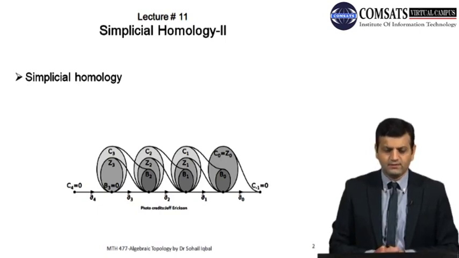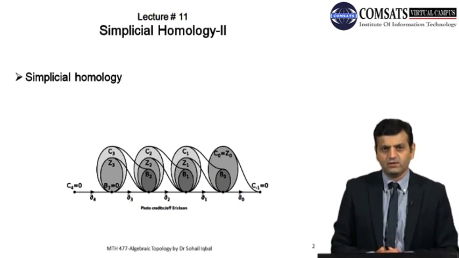As I said earlier, our aim is to associate topological spaces with algebraic structures, and in that direction we have already done the fundamental group. But for higher dimensions the fundamental group fails to differentiate between two different topological spaces. For example, we have seen the example of n-spheres.